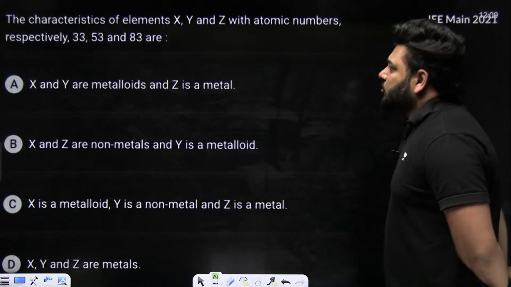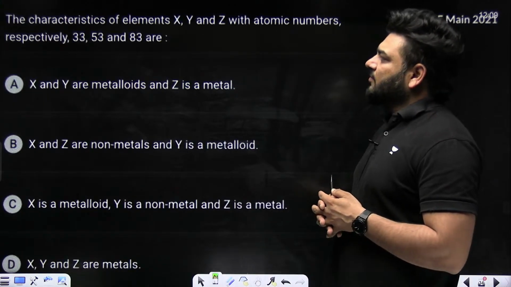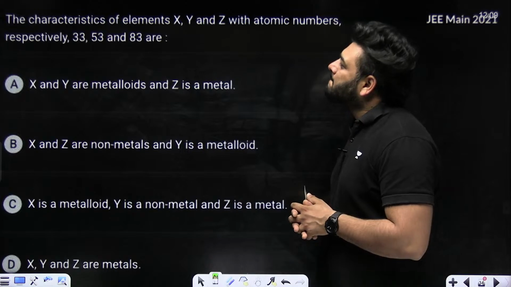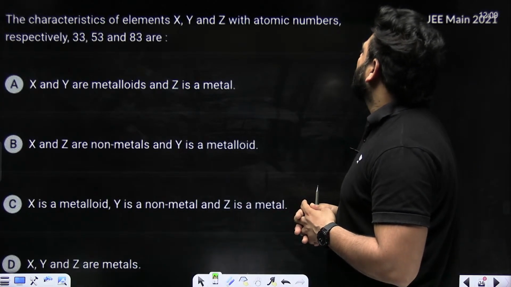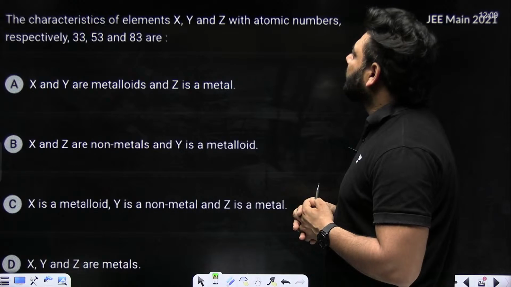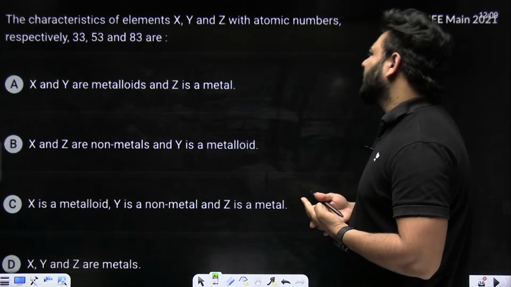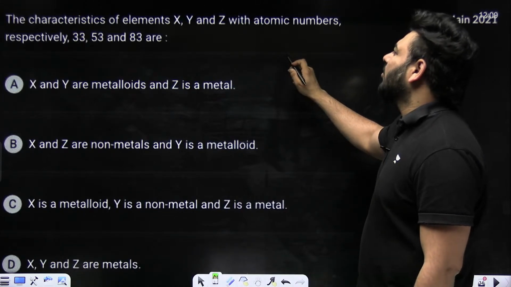The characteristics of the 3 elements X, Y, and Z with atomic numbers respectively 33, 53, and 83 are. Anyways, we know about these numbers. If it is 33, just simply reduce 18 out of it.